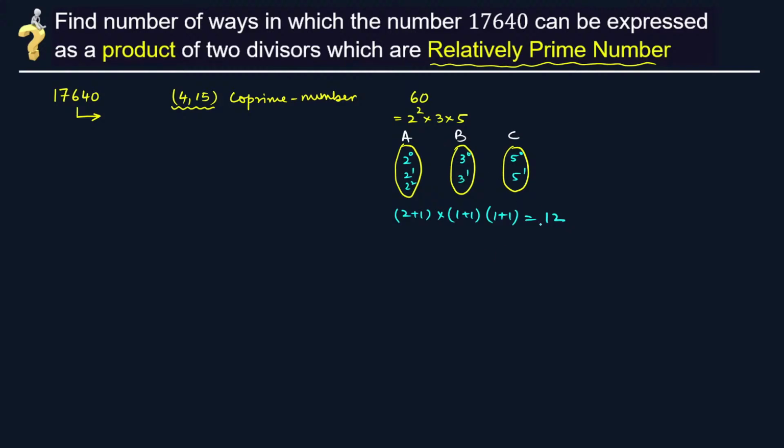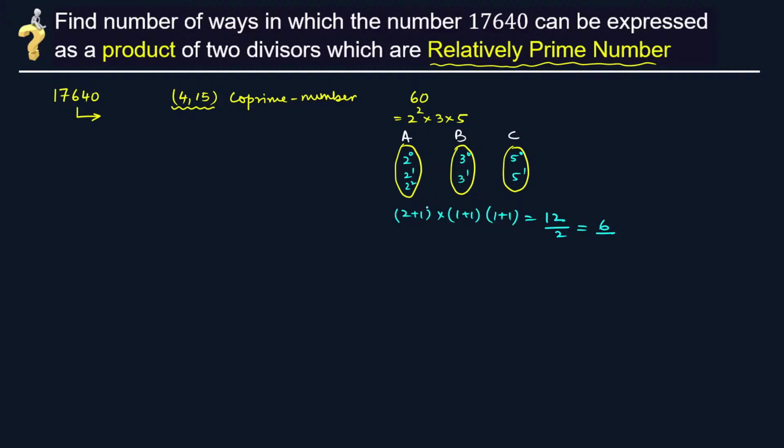Therefore, the total number of ways in which 60 can be expressed as a product of two divisors will be 12 divided by 2, which gives us 6. That's a straightforward question. But in this case, we have to find those ways where 60 can be expressed as a product of two divisors, but they are relatively prime. Now think about it.